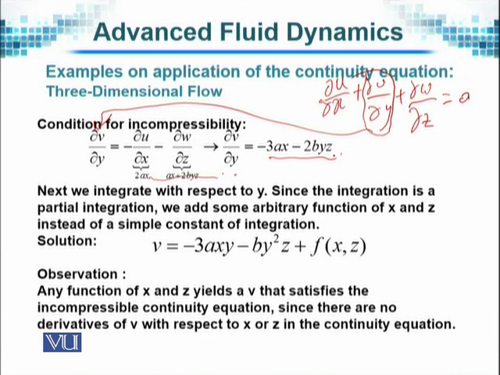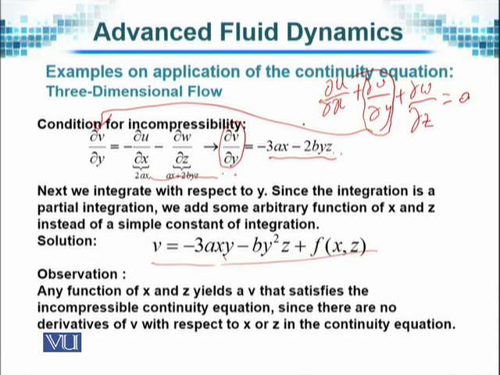But our question was to determine v. Since this is the derivative of v, if we integrate it with respect to y, we will get v. Integrating with respect to y gives minus 3ax times y minus 2bz times the integral of y, which is y squared by 2.